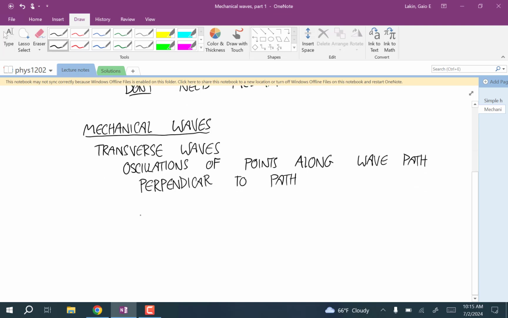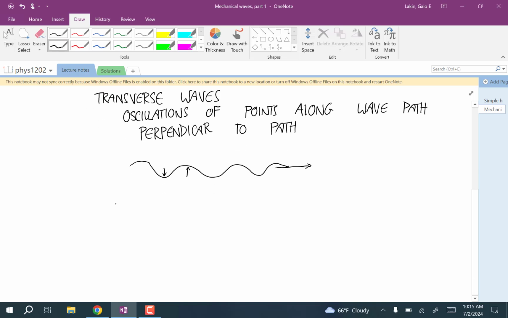An example of that would be a wave moving along a string. If you took a photo of a wave moving along a string, just a snapshot at a single instant, you'd see something that looks like this. And what's happening is that at each one of these points along the direction of motion of the wave, the particles are oscillating perpendicularly to that.